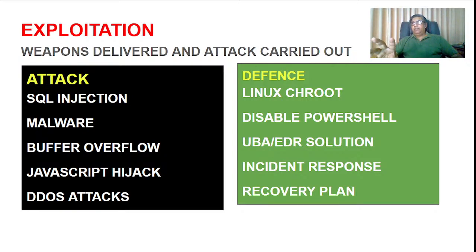Disable the PowerShell in Windows. If you are not using it, you don't need PowerShell on the server or on a desktop. PowerShell is a very attractive tool for attackers because it is living off the land. You just log in and you have the tools to do the rest. You don't have to install anything. PowerShell is there. UBA, EDR solutions.